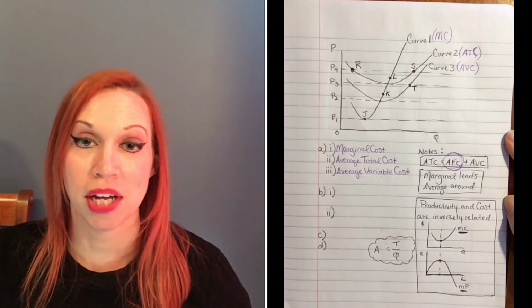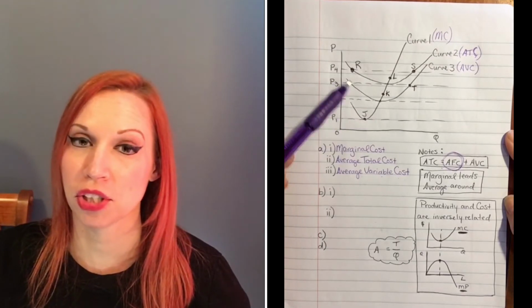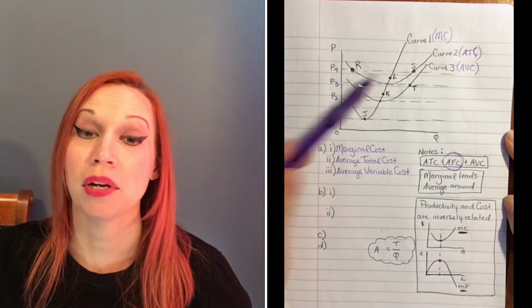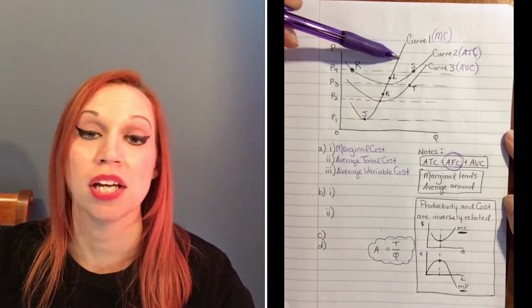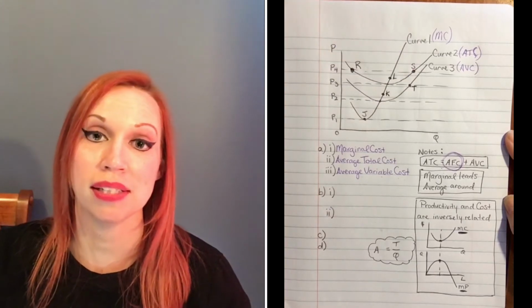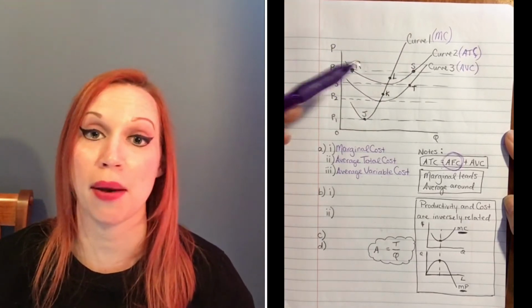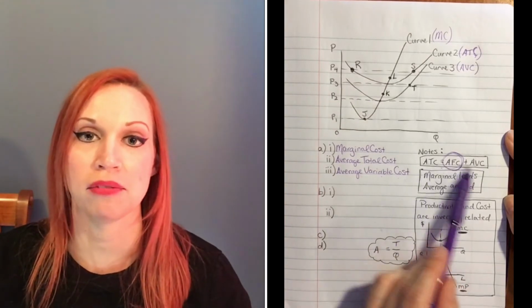When that Nike check is below your average curves, it is pulling those average curves down. And then when it crosses and goes above them, when the next thing is higher than the average, it'll pull your average up. So remember, this Nike check always hits them at their minimum points because of that marginal average relationship, how marginal sort of pulls average around.